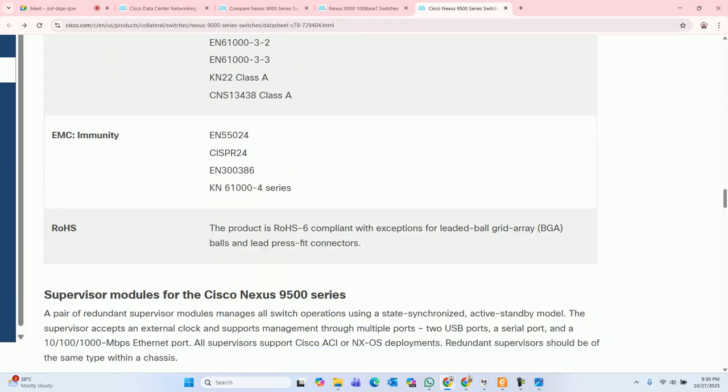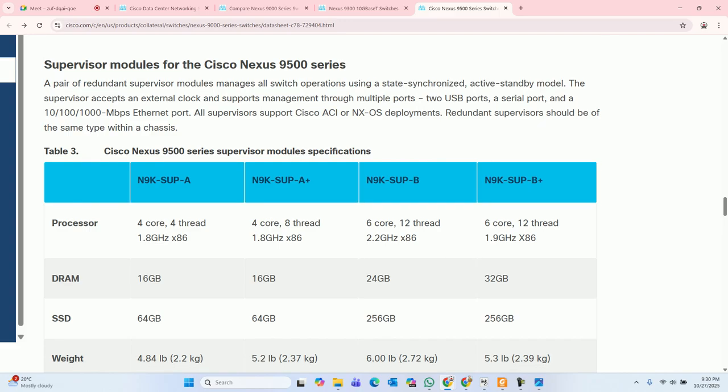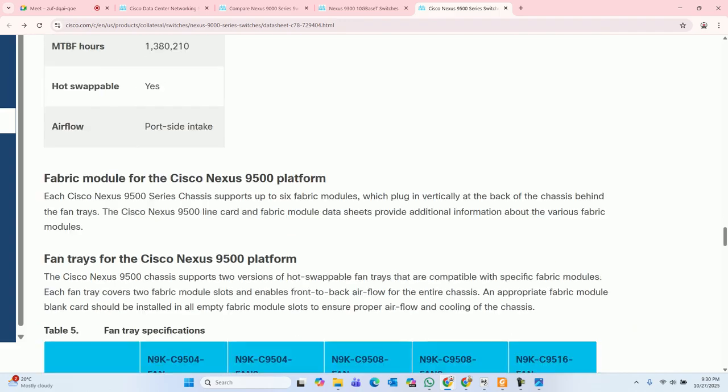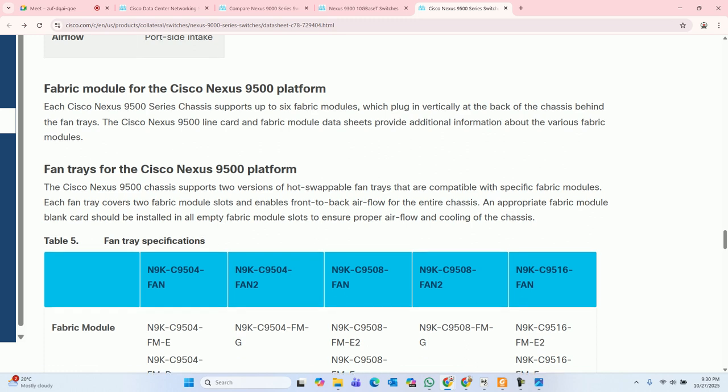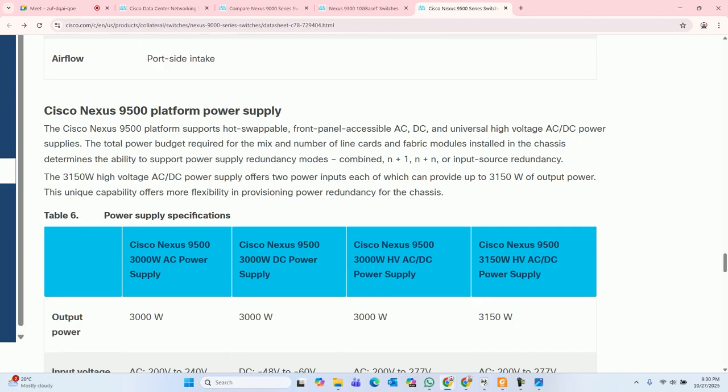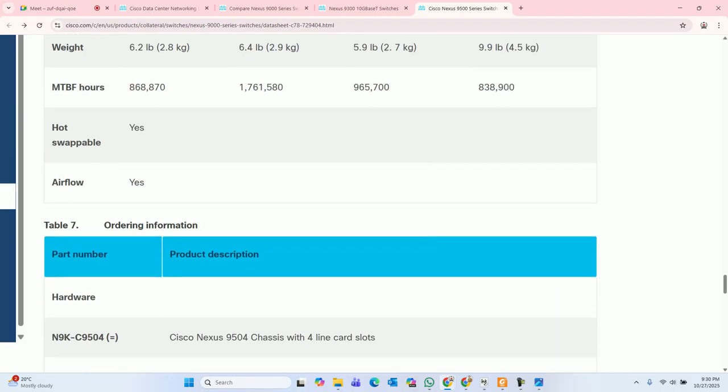Then supervisor, system controller, fabric modules. These are the specifications of the fan trays and power supply units.